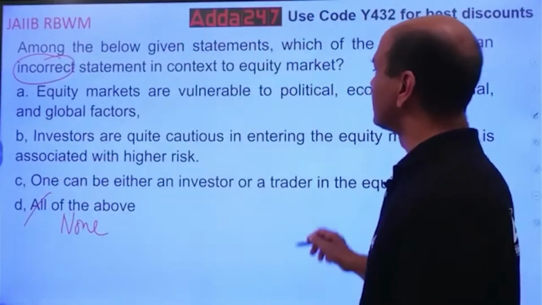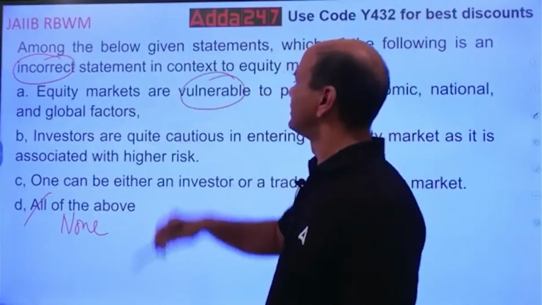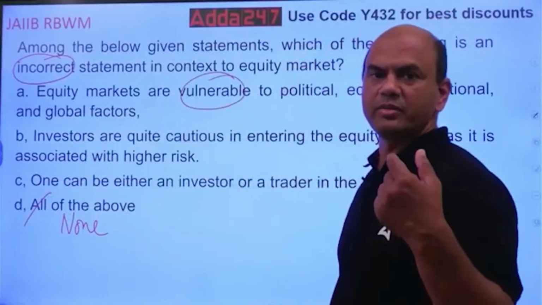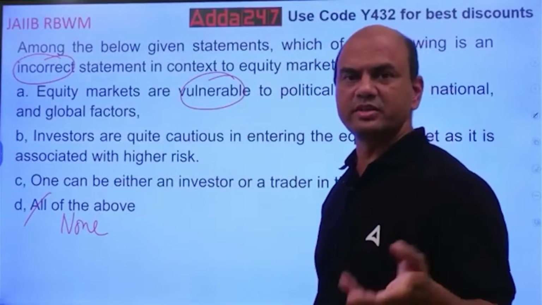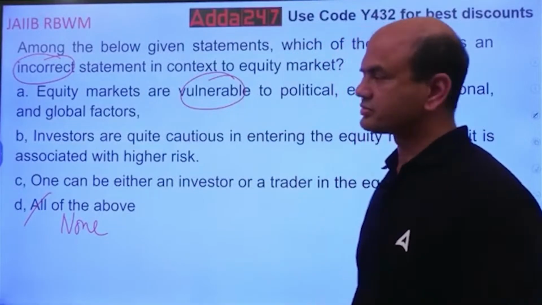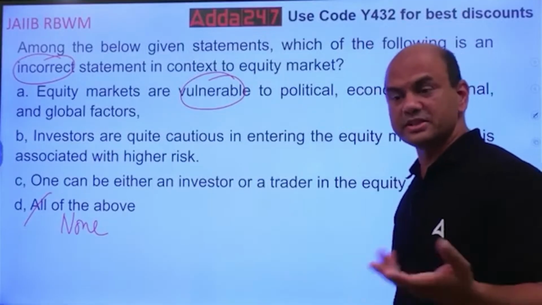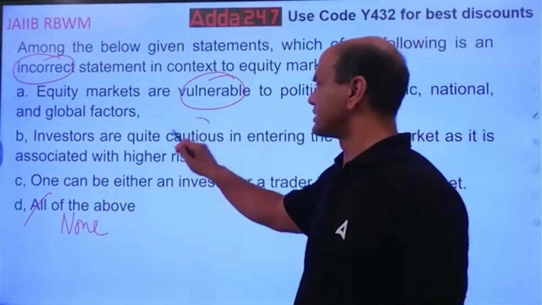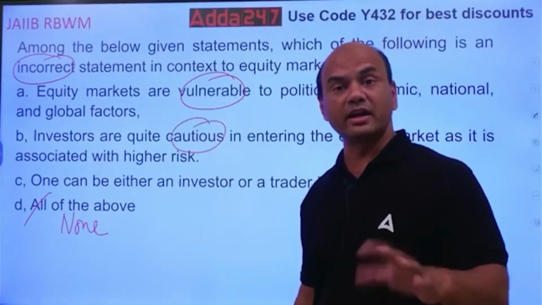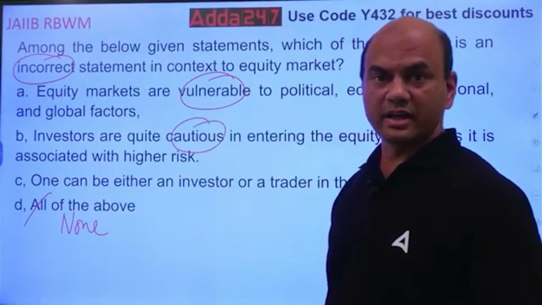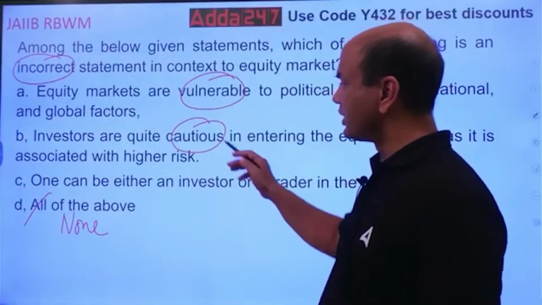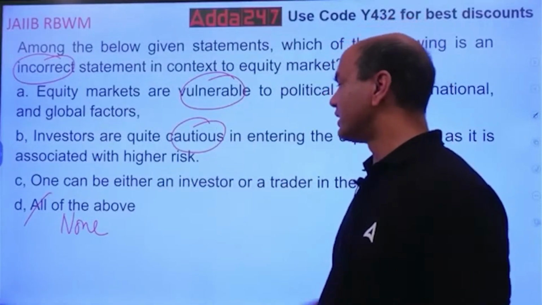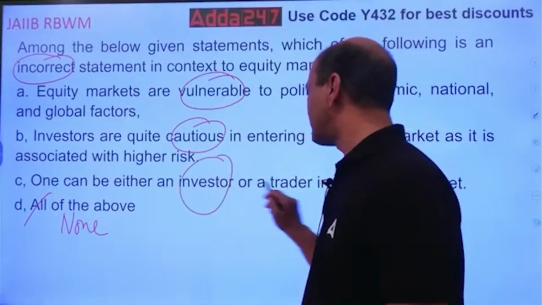Equity markets are vulnerable. That is right. One change in government, equity markets fall. US government change, equity markets fall. Indian government, some changes happen, markets fall. Investors are cautious, correct? Everyone is afraid because high risk, high returns. So investors are cautious. One can either be an investor or a trader, correct?